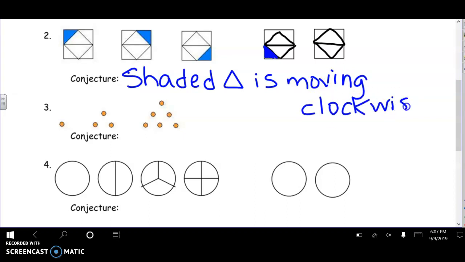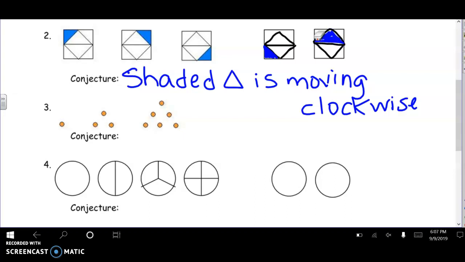But here's something that we may or may not agree with. Where did you put the next one? Did you put it back to where the first one started? I can understand that. Or did you decide that it should go into the middle? And that would be the next part of the pattern. I can understand that as well.